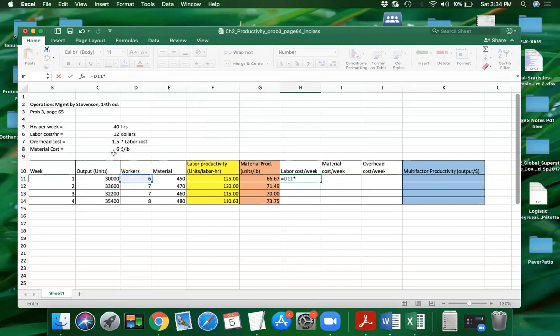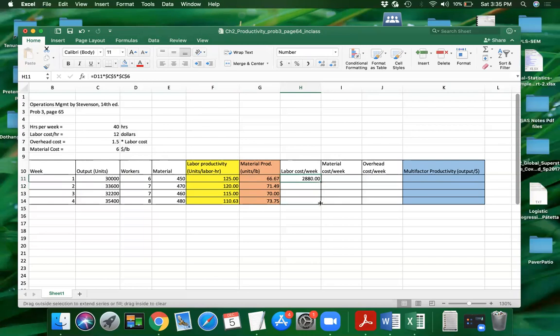Each worker is working 40 hours per week times, I'm gonna say here function F4 to fix it, times they are paid $12 an hour. So I'm gonna make this function F4 fixed as well. So for week 1 we are paying in total $2,880 for our labor cost.